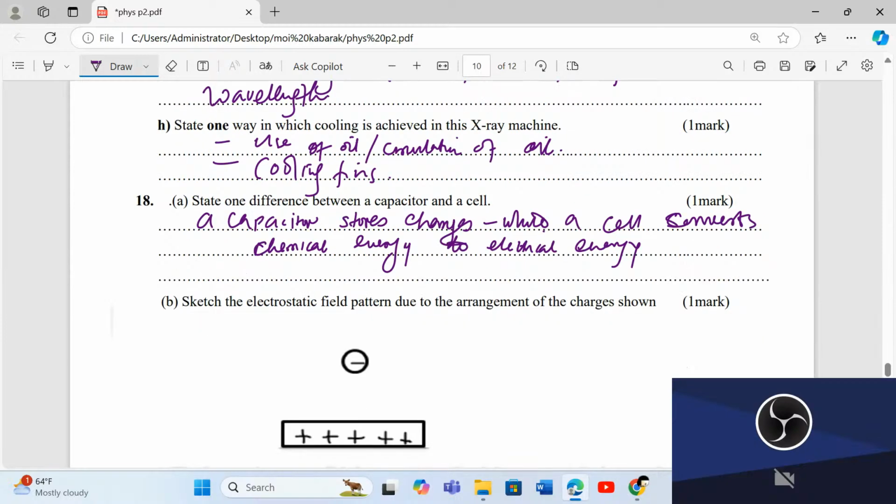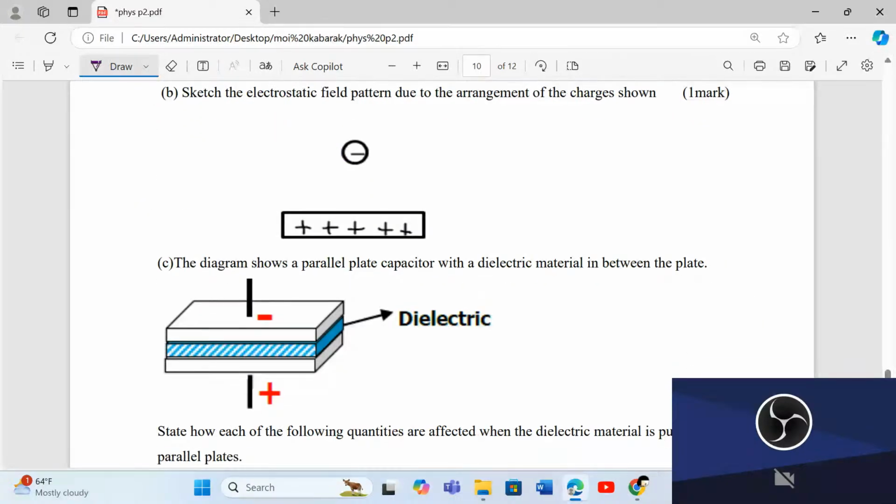Question 18B. Sketch the electrostatic field pattern due to the arrangement of the charges shown. That is negative and positive.